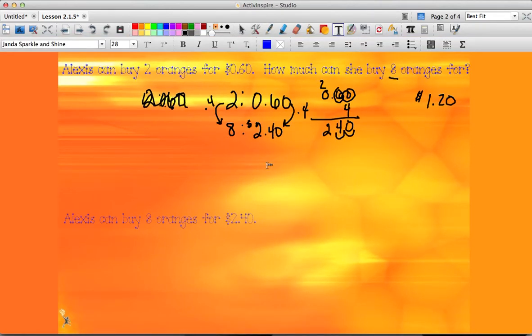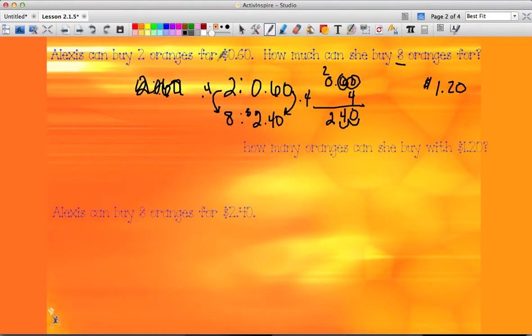So now the way that this would change is, since I don't have the number of oranges, I would still set up my original ratio, so 2 oranges to the 60 cents. And then I would put the $1.20, and I know that to go from 60 cents to $1.20, I have to multiply by 2. So I would have to do the same thing to the number of oranges.